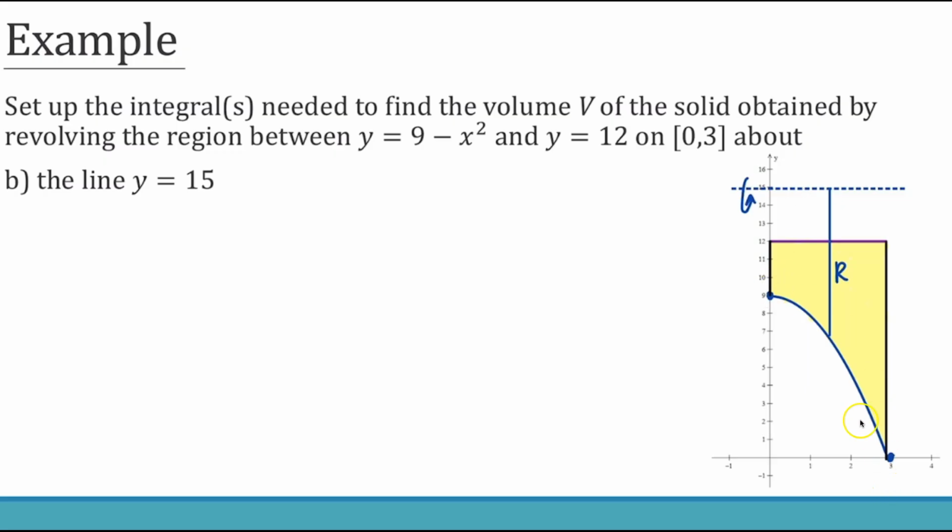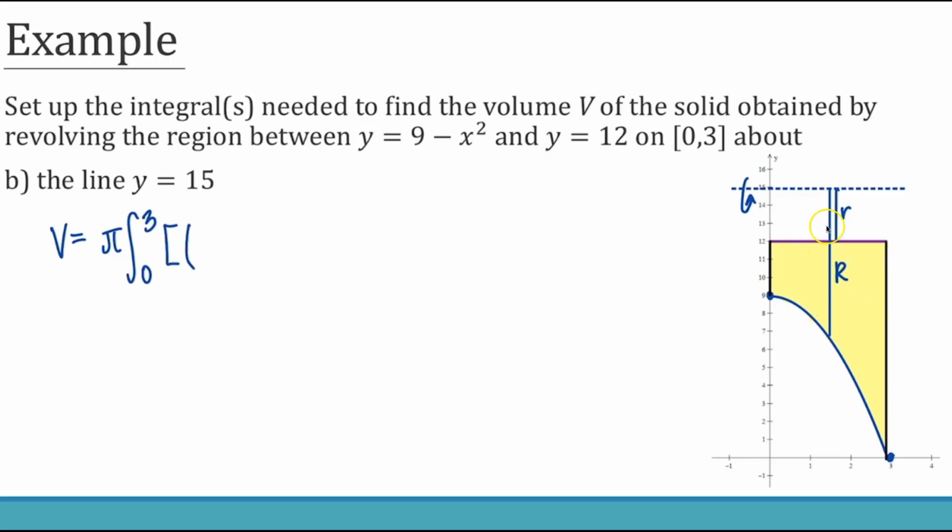It's always the parabola, so I have my big R, and then from the axis of rotation to the closer function, I have my little radius, and we find both of these doing a top minus bottom. We're still integrating from 0 to 3, so I'll have pi, the integral from 0 to 3, these x values.